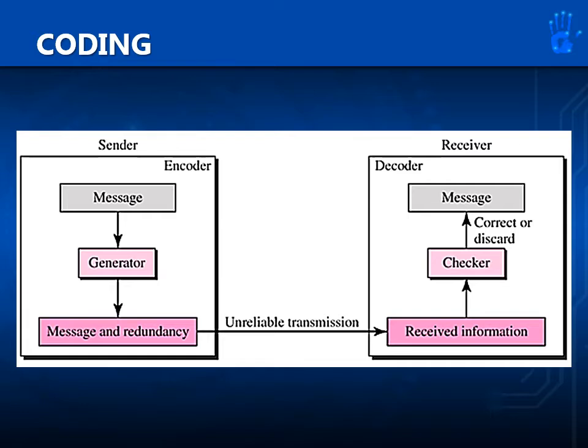If the redundancy bits are the correct bits for a certain message, then the checker will deem the received information to be correct and it will pass the receiver towards its destination. If the redundancy bits and the message bits do not match, then the message will be disregarded or discarded.